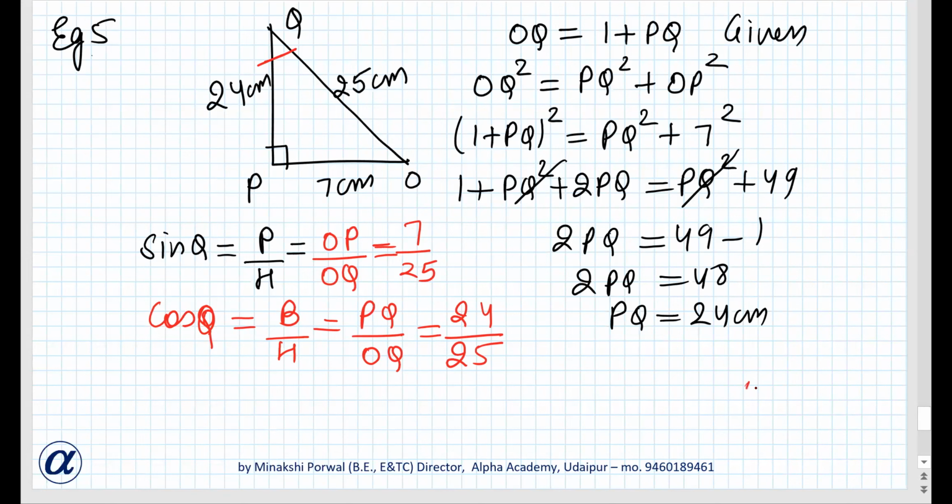Where a ratio is given, like 4/3, that 4 is not the accurate value. It means the two sides could be 20 and 15, or 16 and 12, and the ratio would still be 4/3. So 4/3 is just a ratio. But where you are given a length in centimeters or meters, there you have to take that value as it is. Otherwise, if you take a scale, it is not accurate actually. With time you will come to know, it's not a big thing, and the answer will not come wrong anyway, but that is the right approach. That's why I'm teaching you this way.